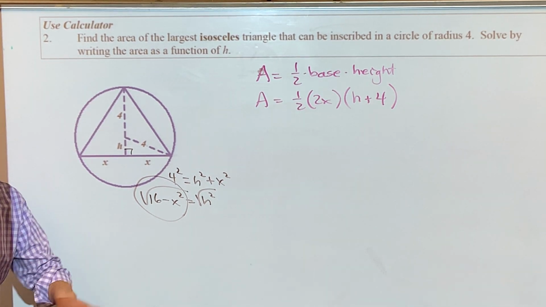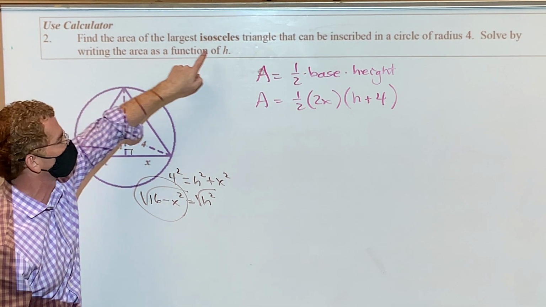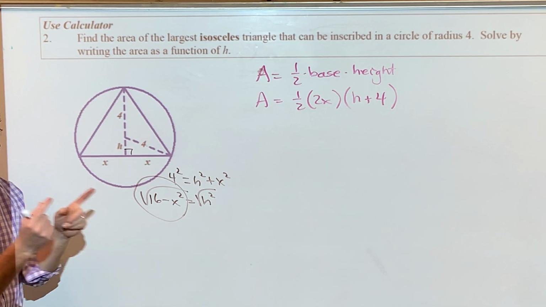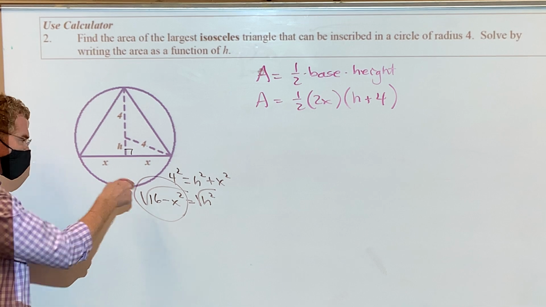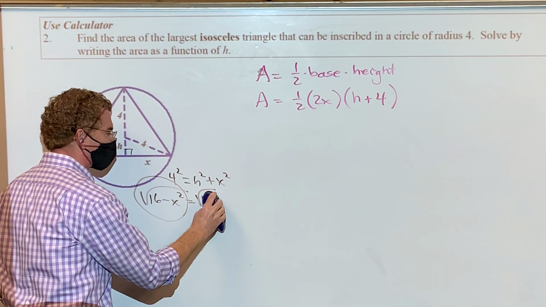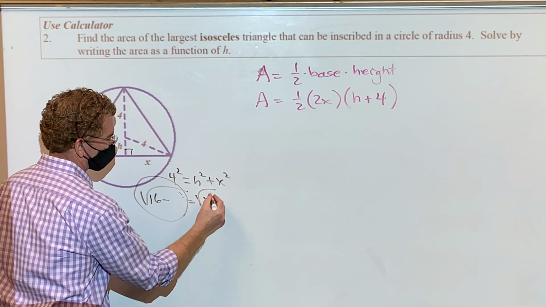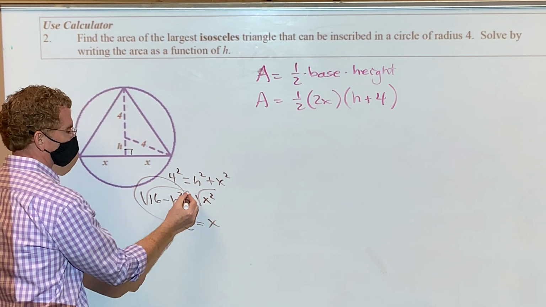And there's nothing wrong with that, except that this question said solve by writing the area as a function of the height. So if I'm writing it as a function of the height, I want h in my equation. Does that make sense? So what I don't want to do, I don't want to do that. I want to do this. So I get x equals the square root of this.